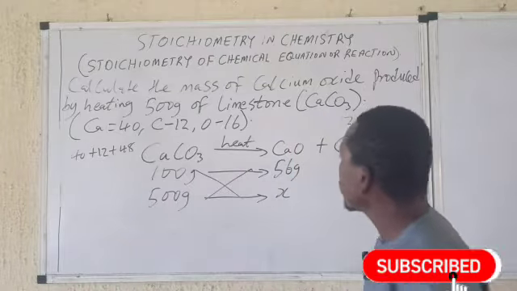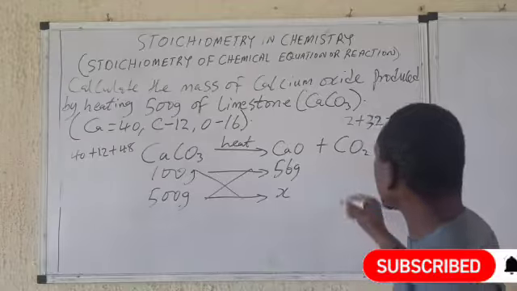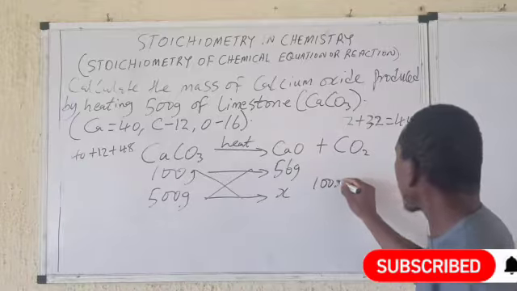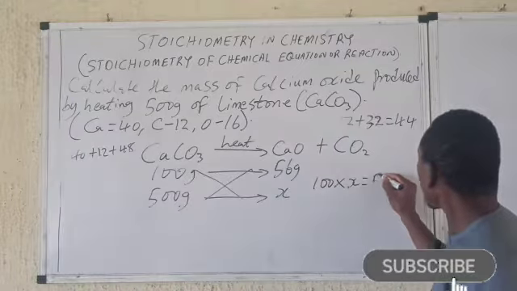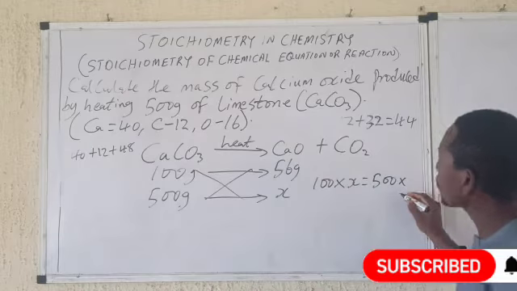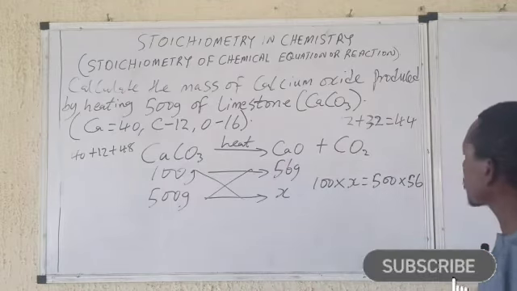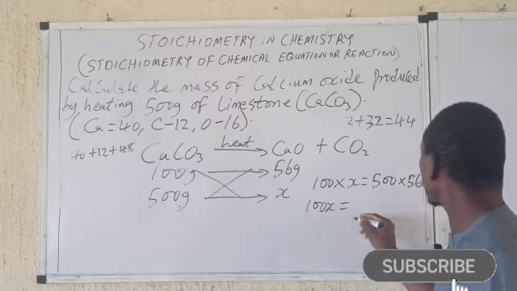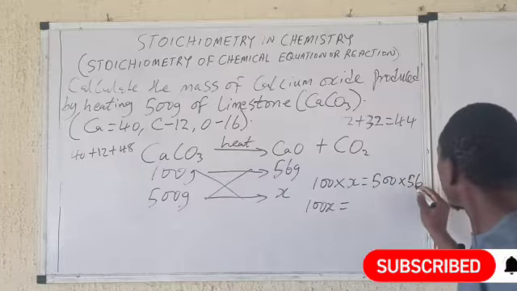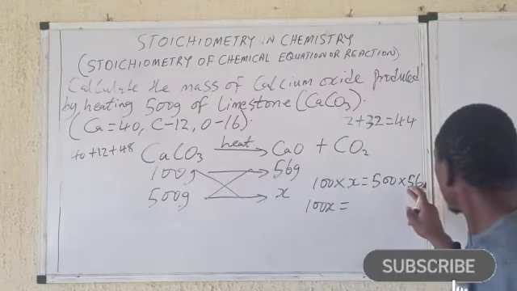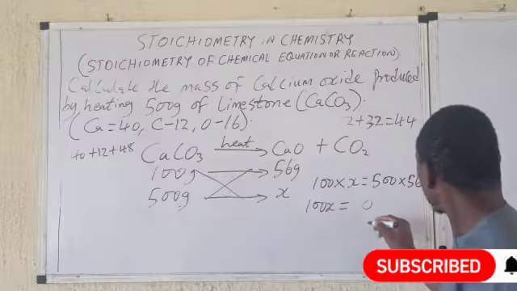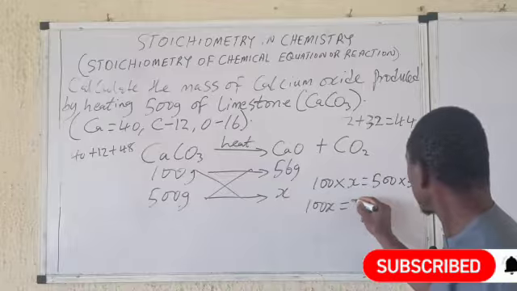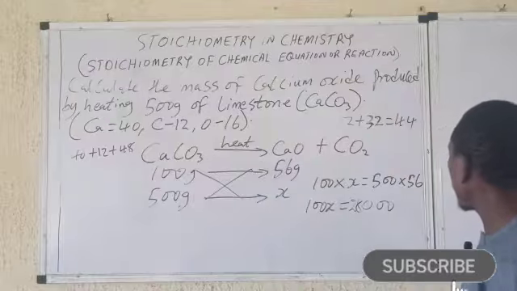Just cross multiply. So we now have this times this and this times this. So we can just give our simple equation as 100 times X is equal to 500 times what? 56. All right? So we can now put it this way. 100x is equal to, all right?